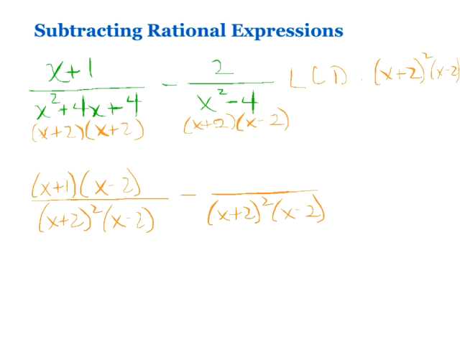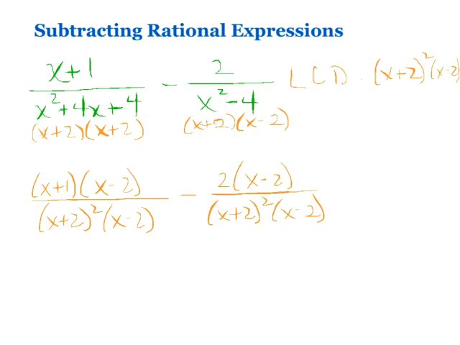In the second expression, we have the x minus 2 this time, but we only have 1 of the x plus 2's, and so we need another one, which means the 2 that was there is going to get multiplied by an x minus 2 as well.